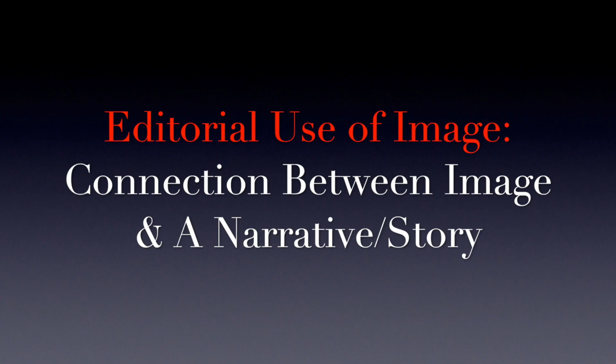So what is editorial use? Generally speaking, editorial use means that there is a connection between the photograph that's being used and any sort of story or narrative. Now, that does not mean there has to be written word. The photograph itself could stand alone to tell the story.